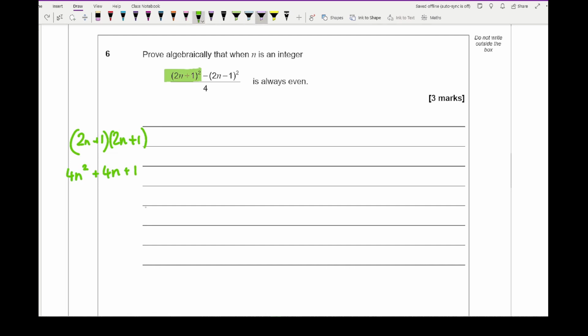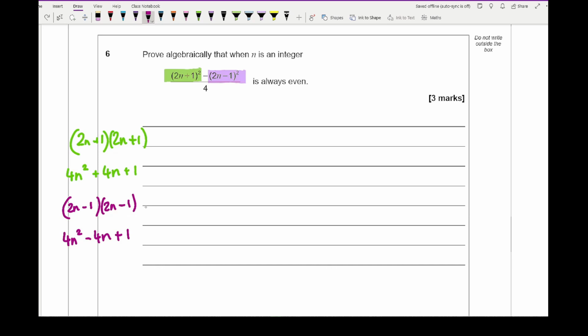Then if I expand 2n minus 1 squared, so 2n minus 1, 2n minus 1, that's going to leave me with 4n² minus 4n plus 1.